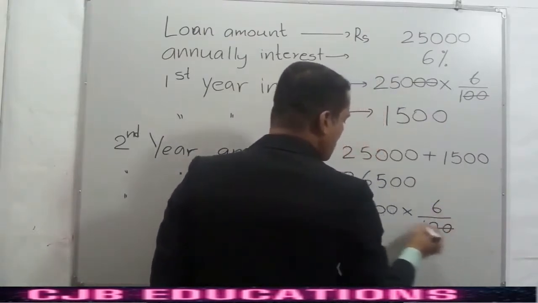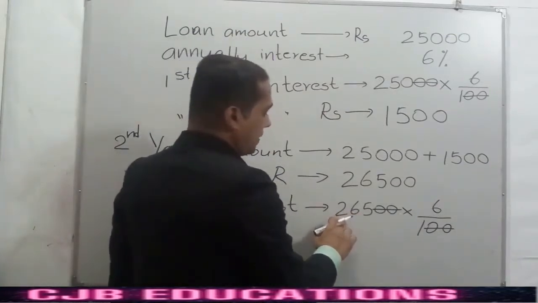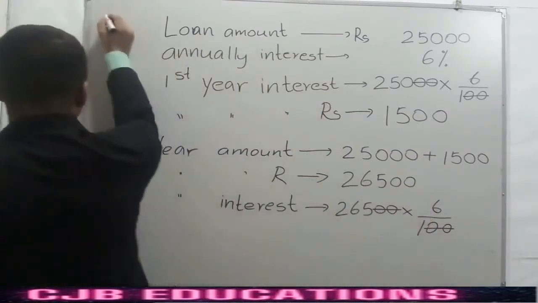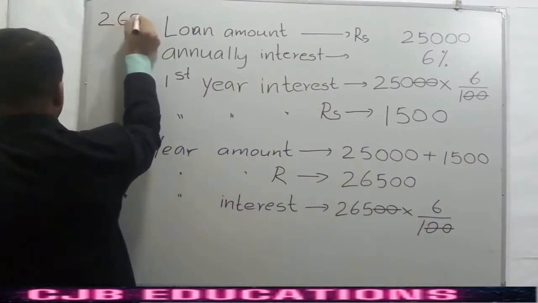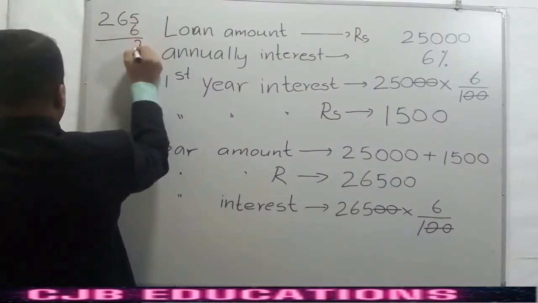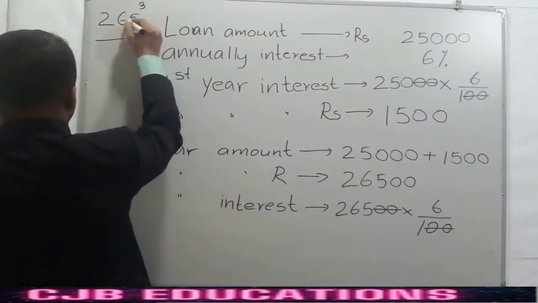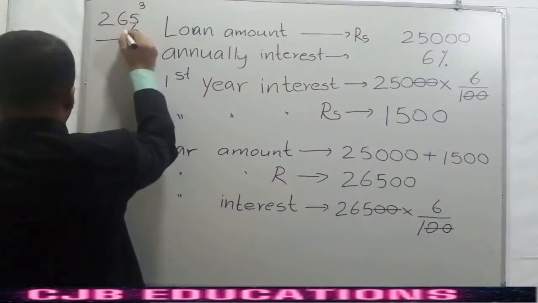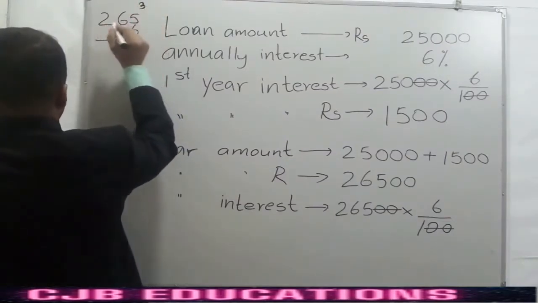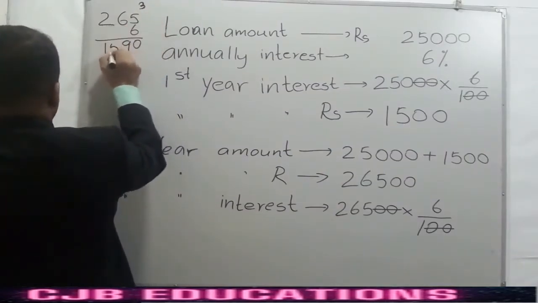Then we can cancel this 2 zeros with this 2 zeros. Then we can multiply this 265 with 6. 6 times 5, 30. 0 here and 3 carried. 6 times 6, 36. 36 plus 3, 39. 9 put here and 3 carried. 6 times 2 is 12. 12 plus 3, 15.